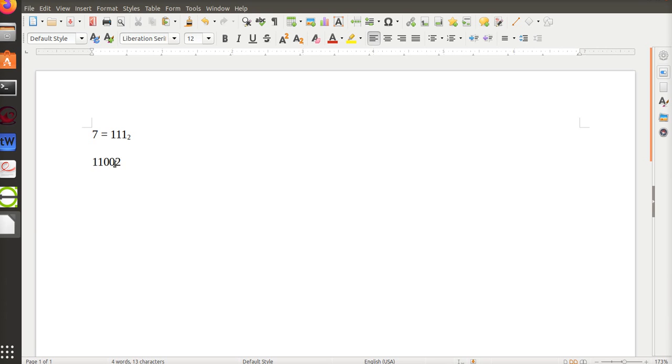It's got a subscript. If it does not have a subscript, even though it's all 1s and 0s, you would assume it's a decimal number. So there has to be a way to distinguish between a decimal number and a binary number if they happen to look the same. And in this case, they do.